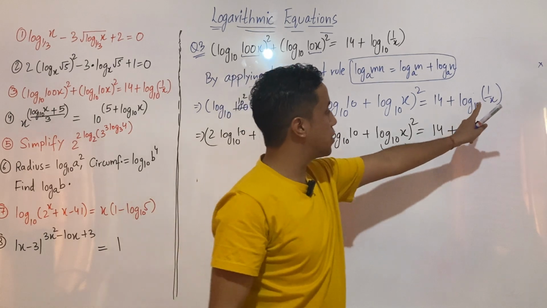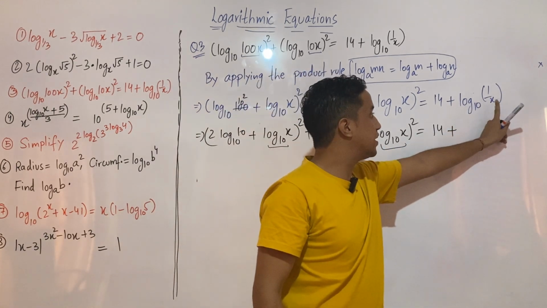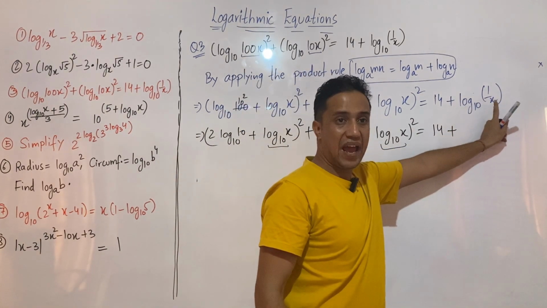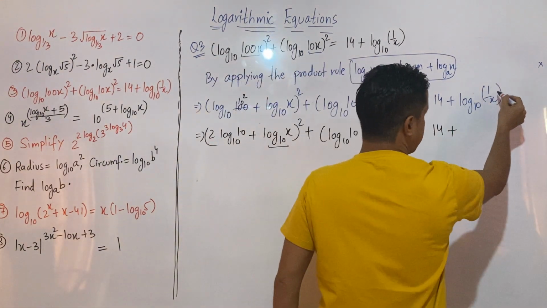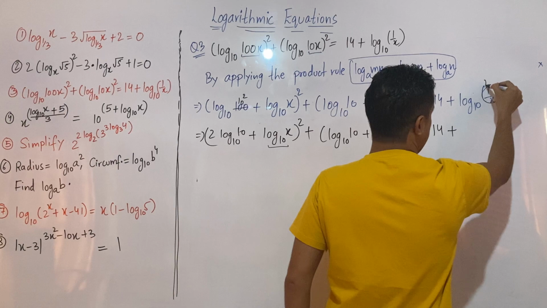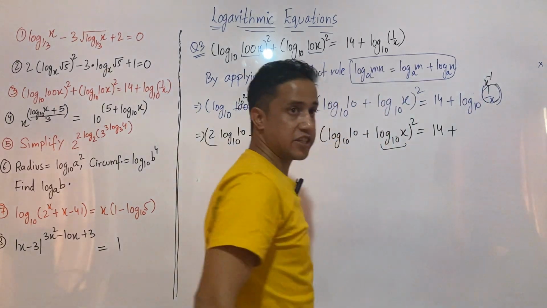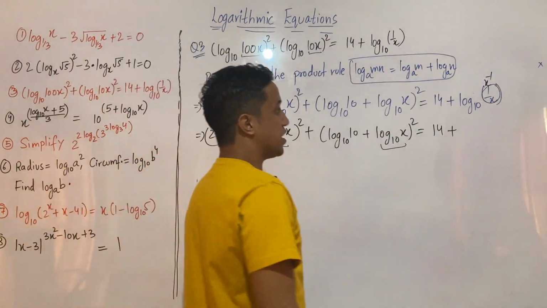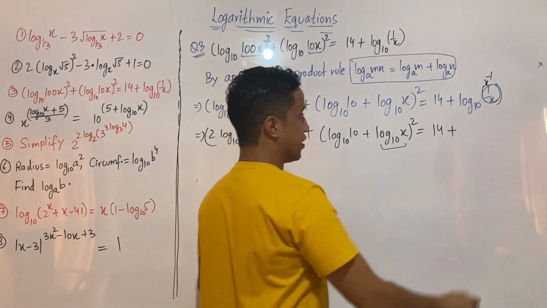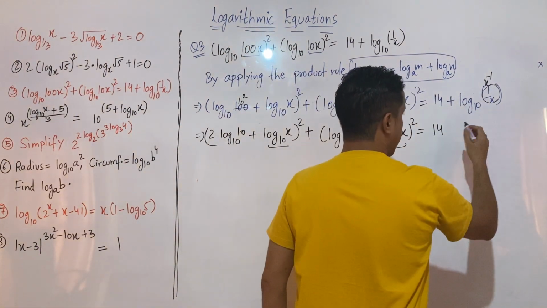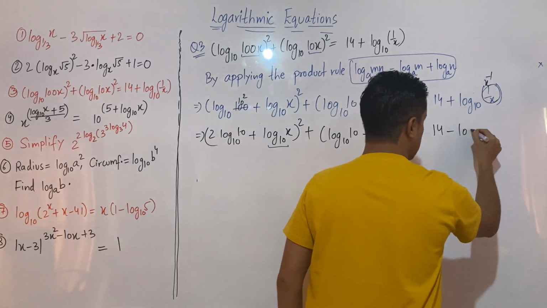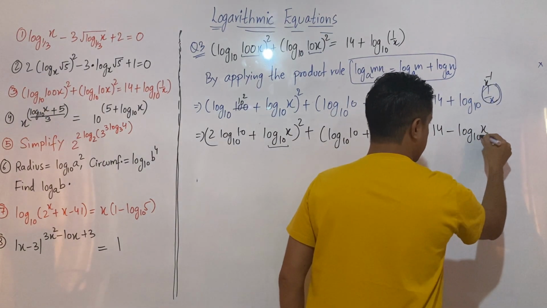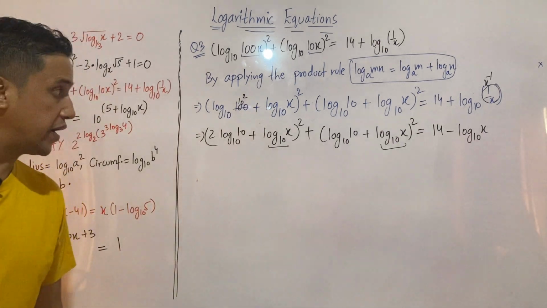Can we do something to make here log x to the base 10? What if I write this term as x raised to exponent minus 1, and then apply the power rule, then it's going to be 14 minus log x to the base 10, right?